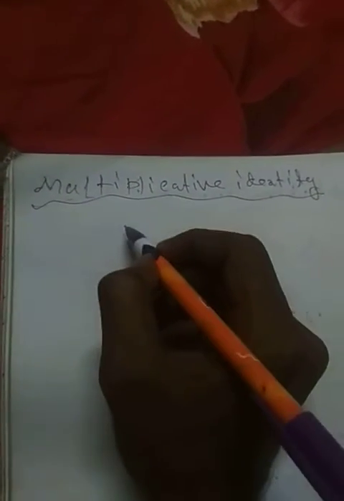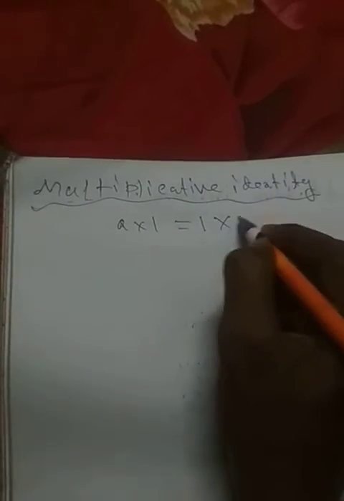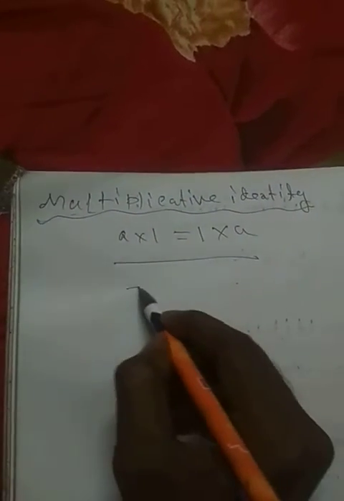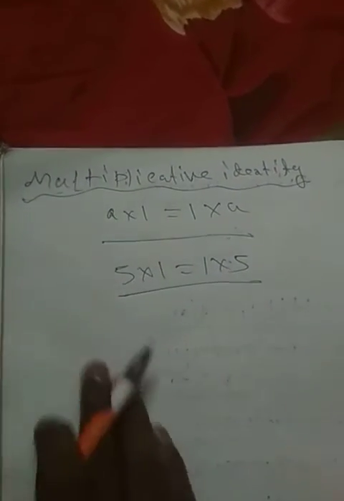What is multiplicative identity? Multiplicative identity: if you multiply any number with 1, or 1 with any number, the result is the same. That means 5 into 1 or 1 into 5, the result is the same.